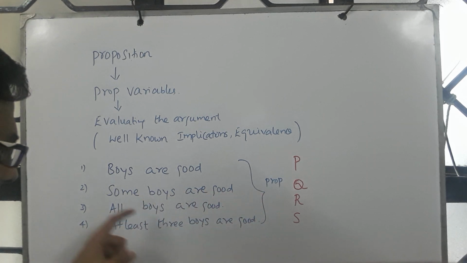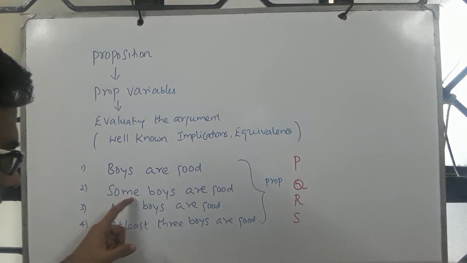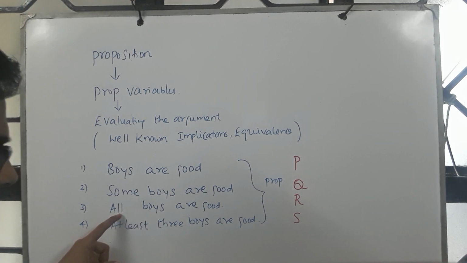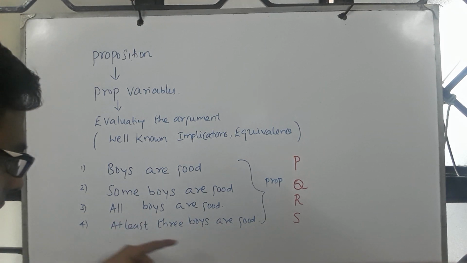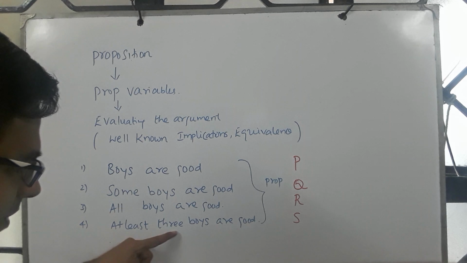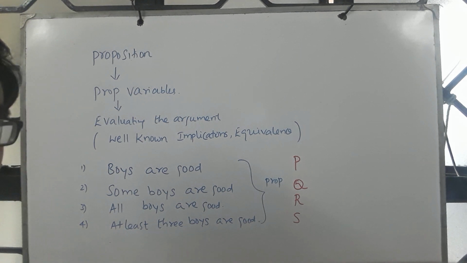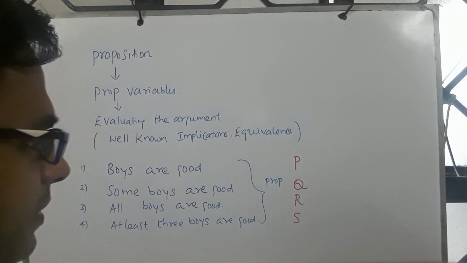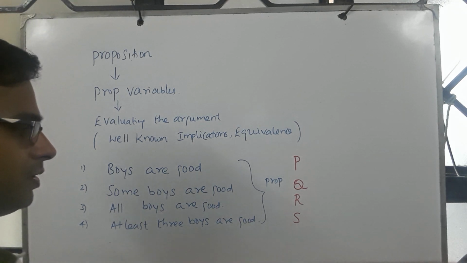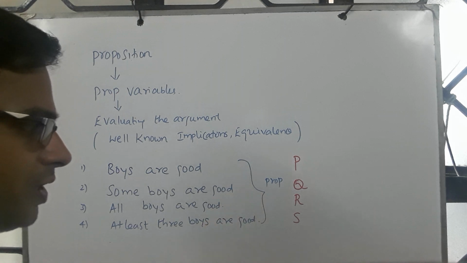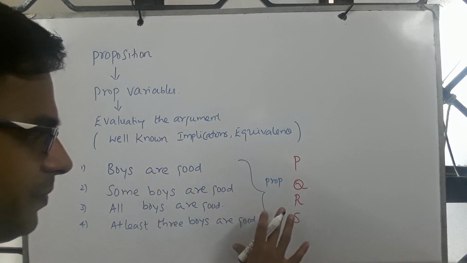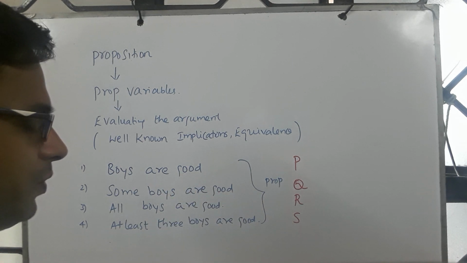Q is not trying to capture the fact that some boys are good. The variable R is not trying to capture that all boys are good. Similarly, S is not trying to capture the fact that at least three boys are good. So this is the limitation of propositional logic, and this is the best that propositional logic can do.